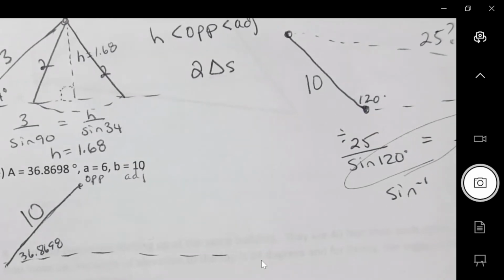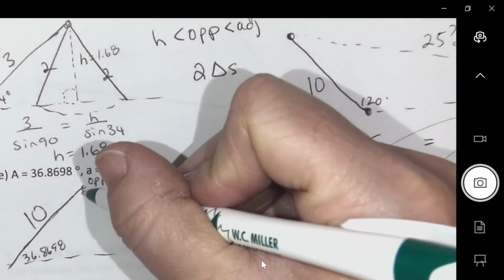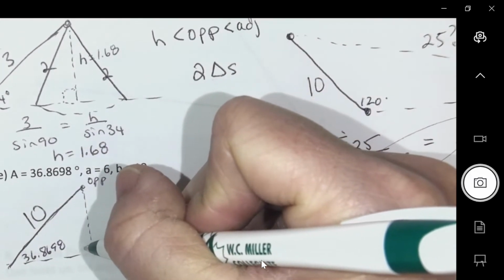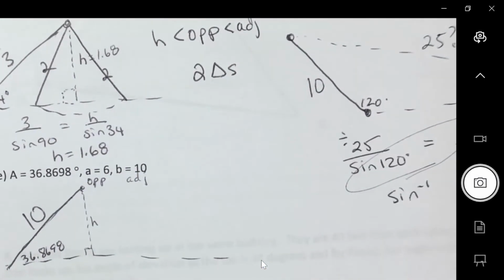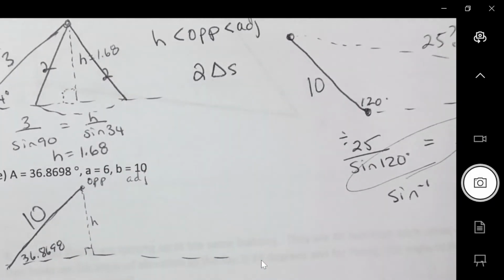I know the angle and I know the adjacent side. 6 is shorter, so I have to do a comparison. If it's shorter, you have to do a comparison. So I'm going to figure out what the height is and see how does the 6 fit in. Is it too short or is it going to make 2? So it's either 0 or 2 when it's either shorter or longer.